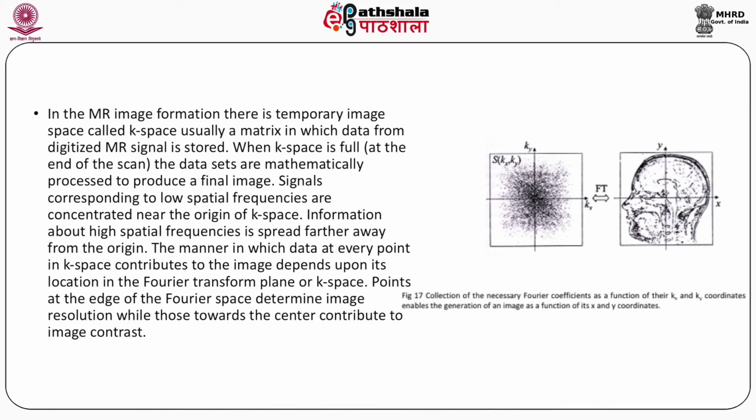First of all, I told you that the MR signal is generated by hydrogen nuclei, and these hydrogen nuclei are excited by the RF pulse, and that is what is called the resonance.